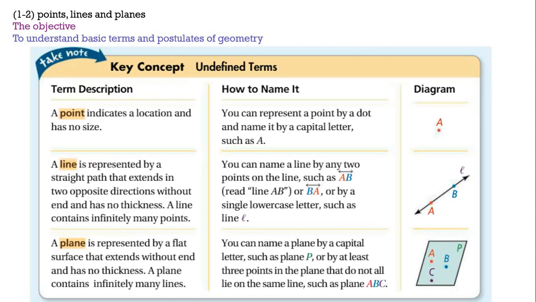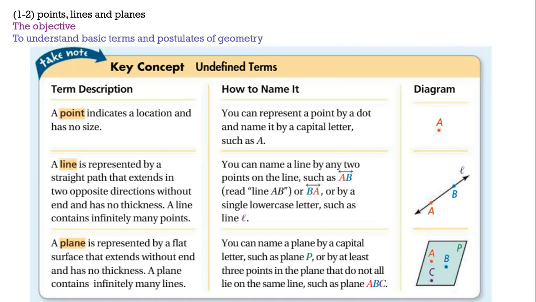So we have here undefined terms, which means we just have descriptions for them. We don't have any definition for them. So a point, what is the meaning of a point? A point indicates a location and has no size.